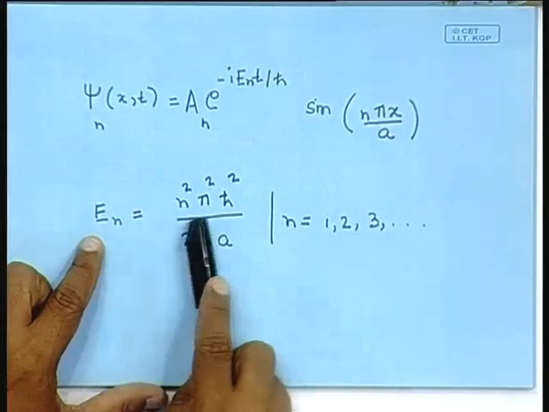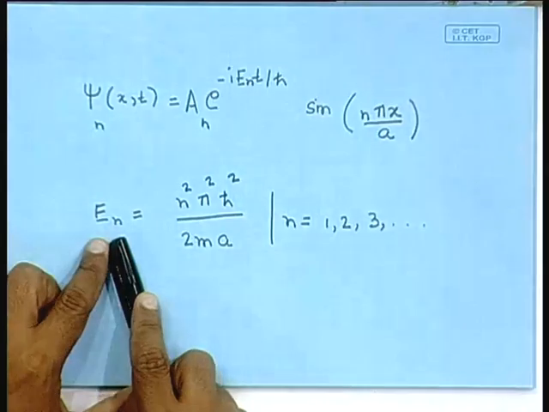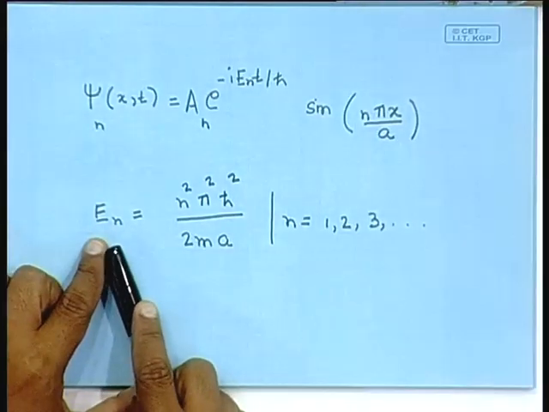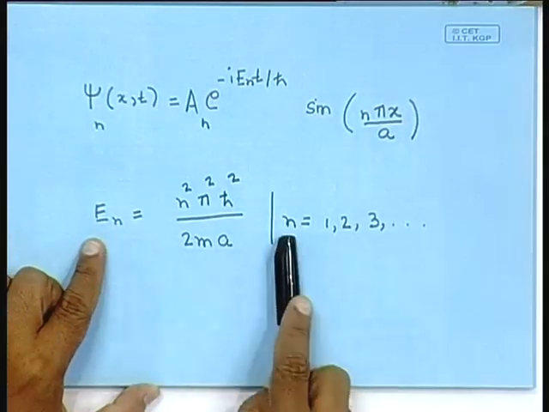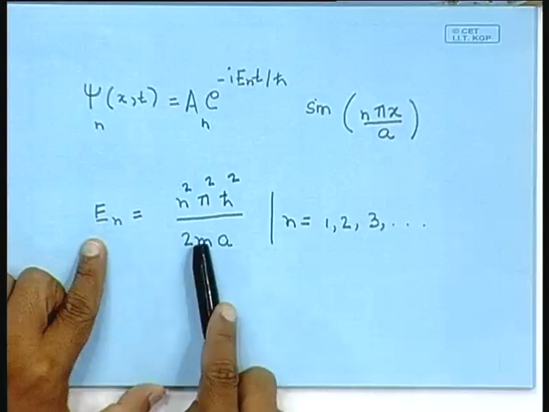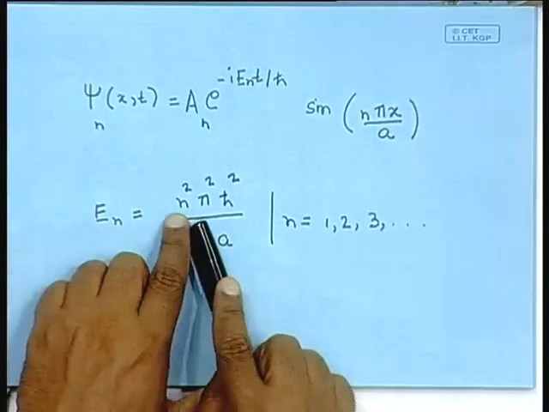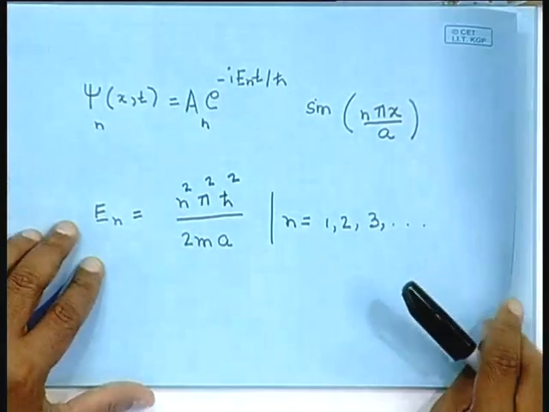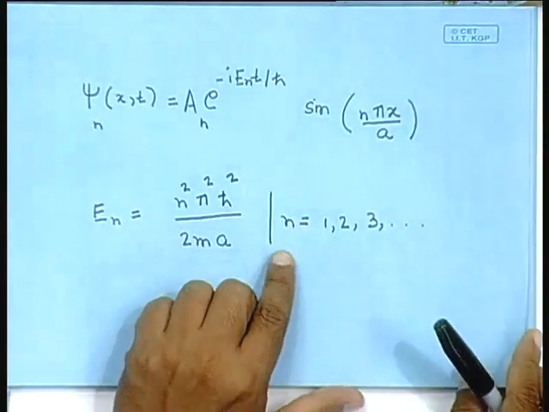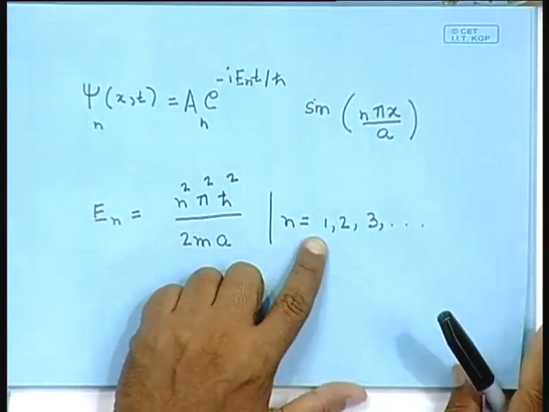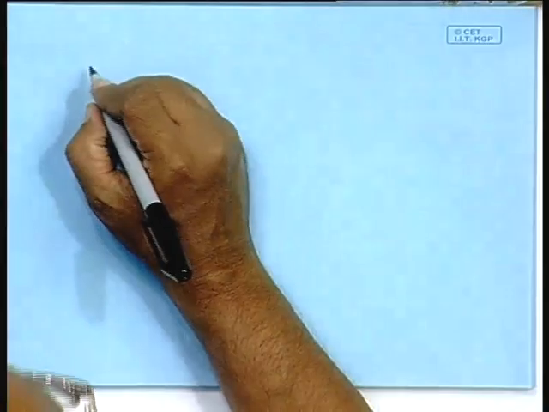n equal to 1 is referred to as the ground state, and a particle in this particular state corresponding to n equal to 1 has the lowest energy that you can see here. The energy levels are proportional to n square. So a particle in a state labeled by n equal to 1 has the lowest possible energy, so it is called the ground state. n equal to 1 is what we are going to discuss.